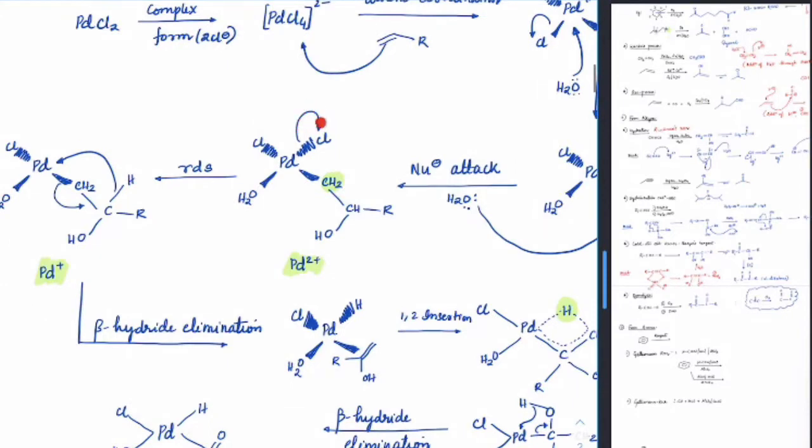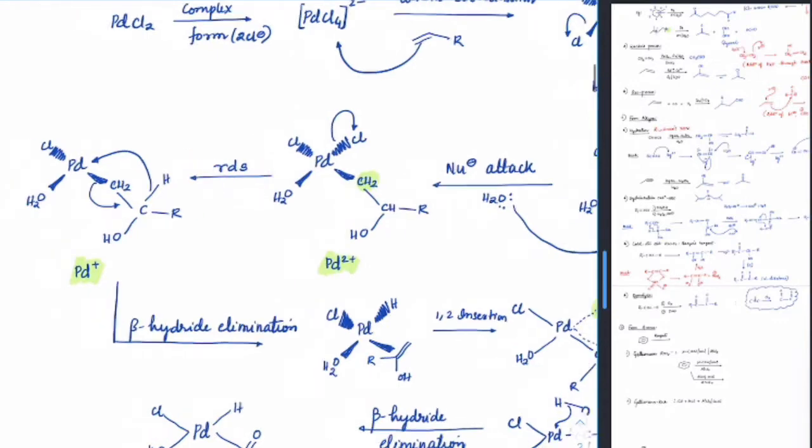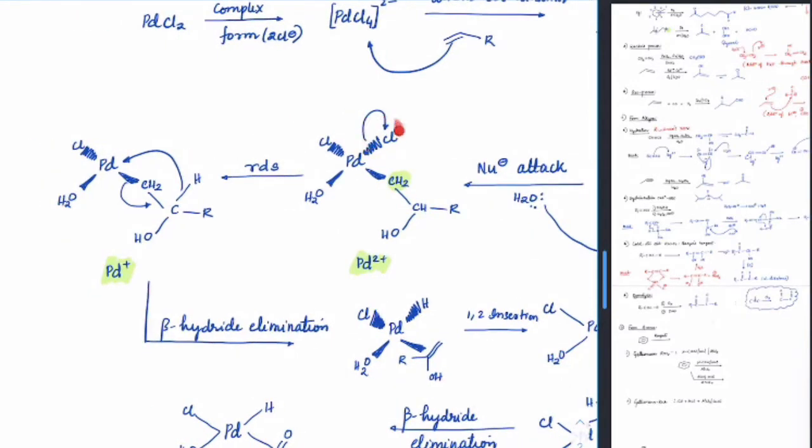So here the removal of this chlorine is the RDS step, got it? So usually what happens when the chlorine is leaving, simultaneously a hydride shift will happen. The hydride shift is favorable when you have better donating groups, right? So that's why you will see substituted products are more here.